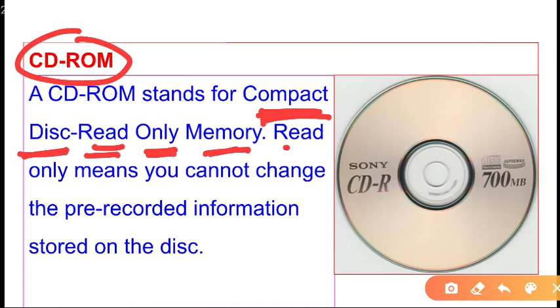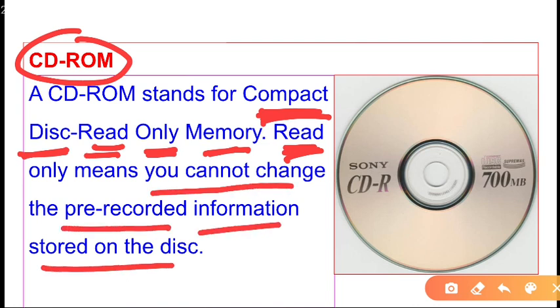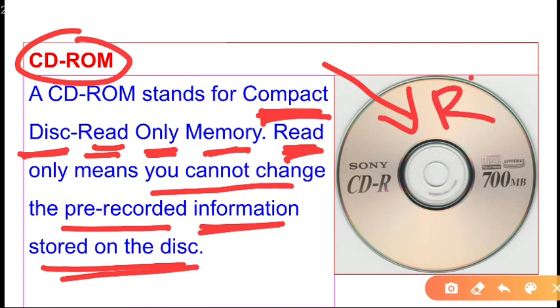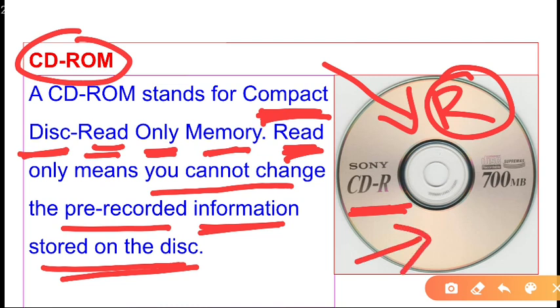Read only means, now see, what is the meaning of read? I already explained to you. Read only means you cannot change the pre-recorded information stored on the disk. So if some information is stored on this disk and it is only readable, see, CD-R is written. CD-R means compact disk which is readable. You cannot change the data present on this disk.